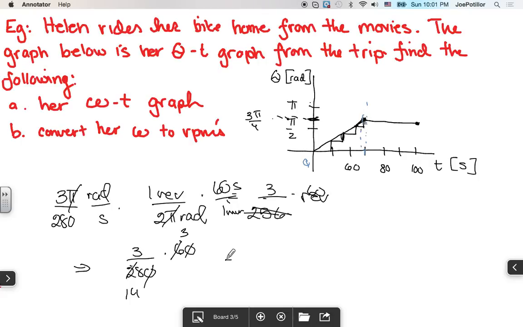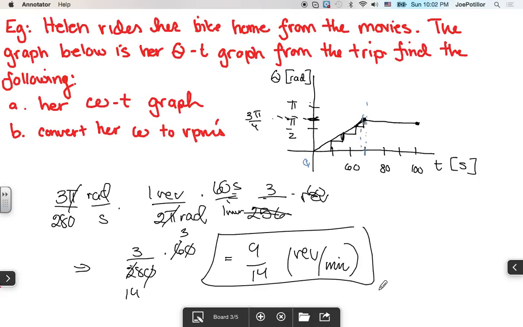And so we end up with 9/14 revolutions per minute. And that's how we do that. That's how we work with the angular speed and converting it to revolutions per minute.